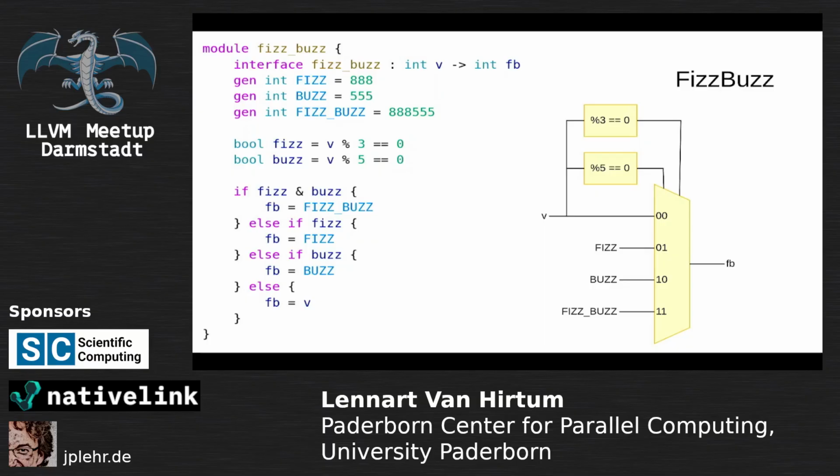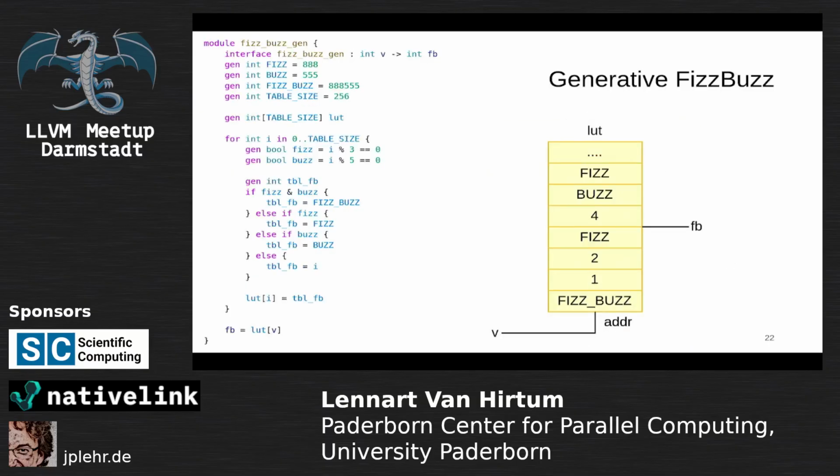But many synthesis tools don't support synthesizing modulo and divide operations. And so what if instead we wanted to implement this module as a lookup table? Well, with the generative code system in Sus, we can actually generate this lookup table when we synthesize the module. Here you can notice the small difference.